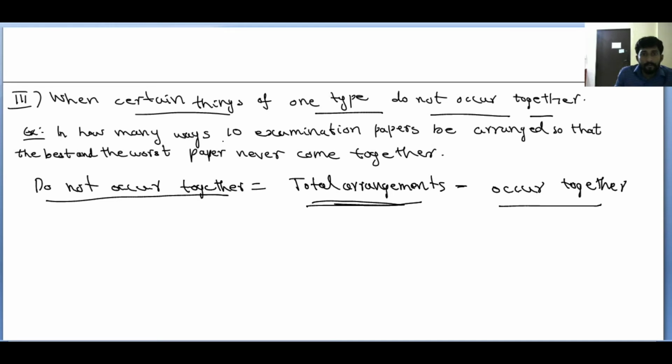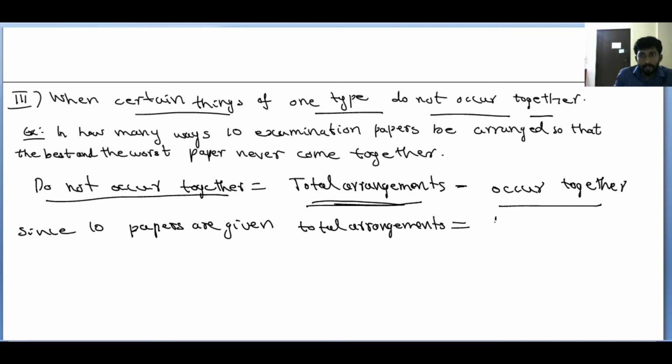In this example, first calculate the total number of arrangements. Since 10 papers are given, total arrangements equal to 10 factorial, right? 10 papers can be arranged in 10 factorial ways. Best and worst do not occur together is given. First you need to calculate occur together.